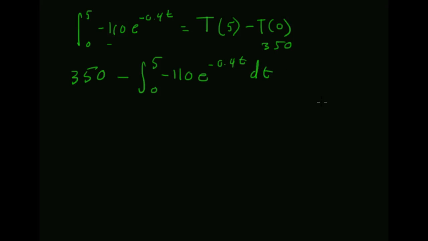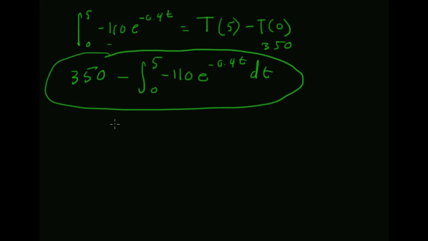But this is a calculator active problem, so you should take all of this, throw that into the calculator, and you're going to get approximately 112. So that should be letter A.